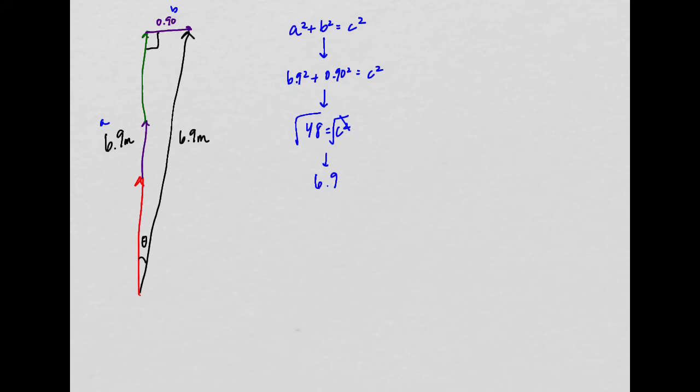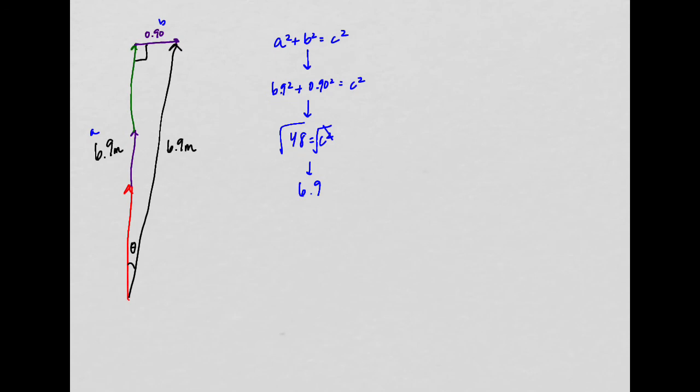All right, now to determine the angle that this vector is at, we are going to do sine of theta equals the opposite, 0.90, over the hypotenuse, 6.9. When I do that in the calculator, I get that the sine of theta is equal to 0.13. Inverse sine of both sides, and theta here is equal to 7.5 degrees.